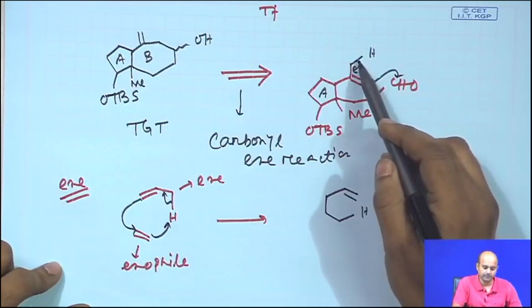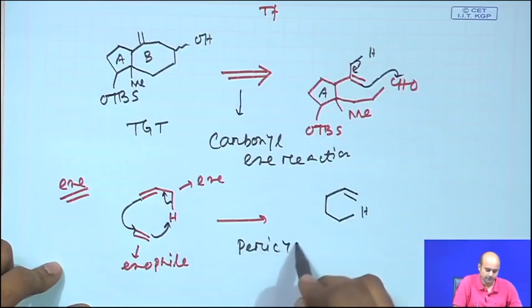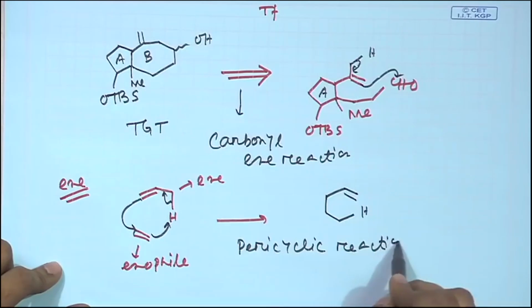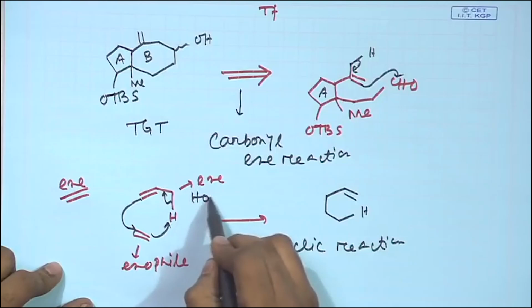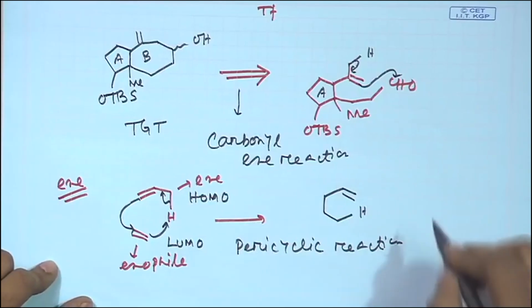The ene reaction is a kind of pericyclic reaction, and you will find that effective HOMO-LUMO orbital interaction is needed. The HOMO of the ene and the LUMO of the enophile will interact in a very efficient way.